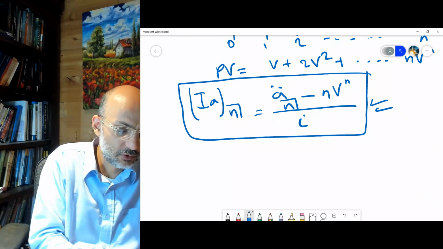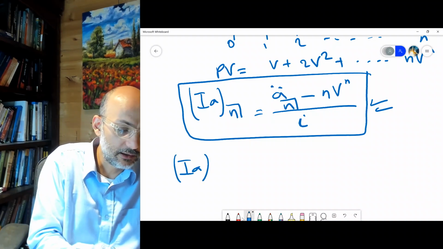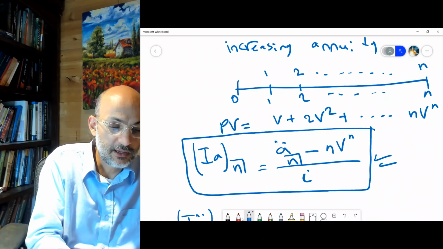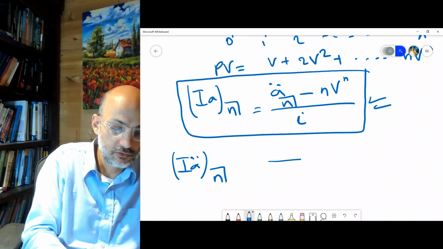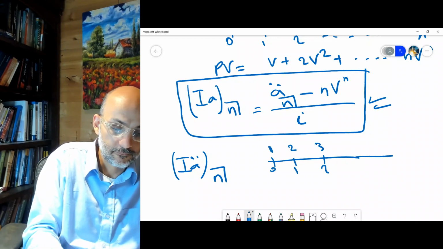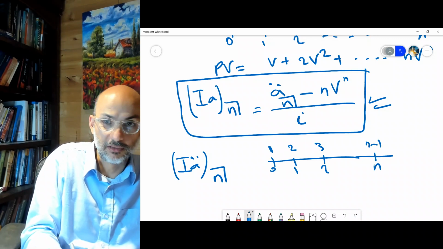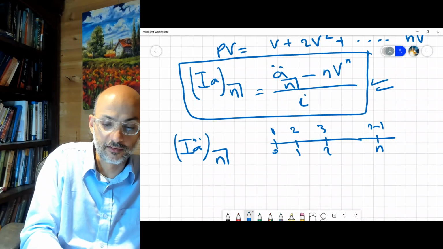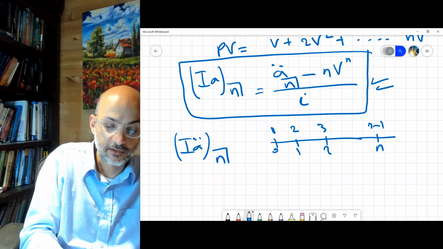So what if you wanted (Ia) angle n, where instead of paying 1 here, it pays 0, 1, 2, starting here, then 2, 3, up to n minus 1 as the payment? Do you see the difference between this and this? Because you start at the beginning of the year.